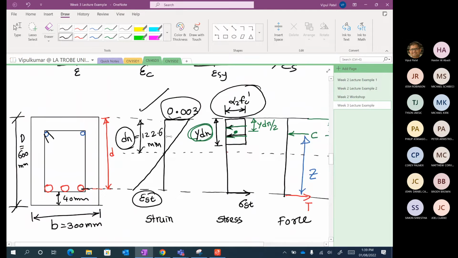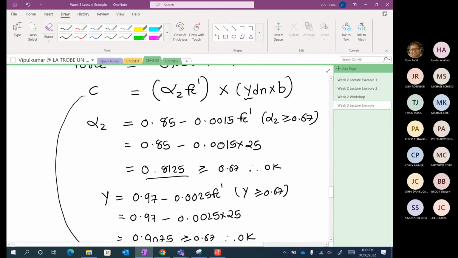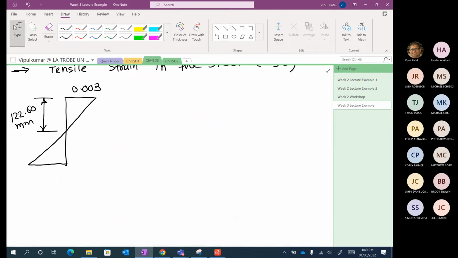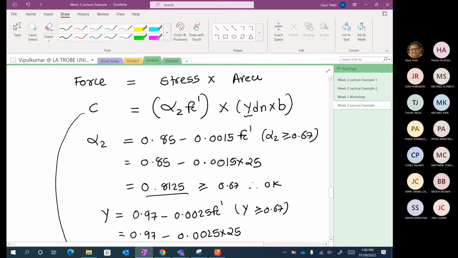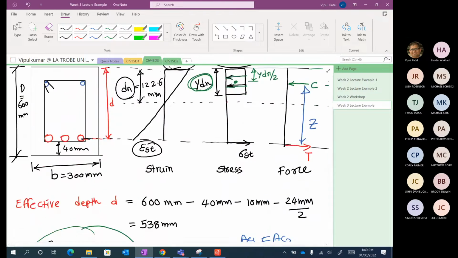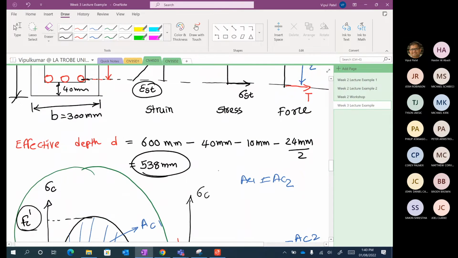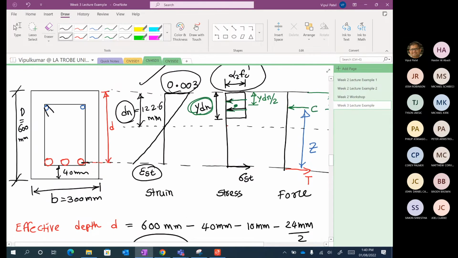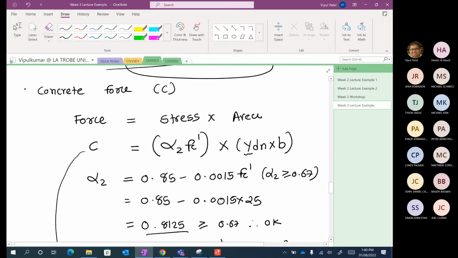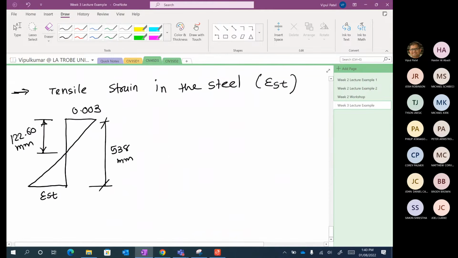You have EST. Now this whole thing is 538 millimeters. Where is this coming from? You remember that we calculated the effective depth. This one here, this red one, 538 millimeters. So that's why I put it there.